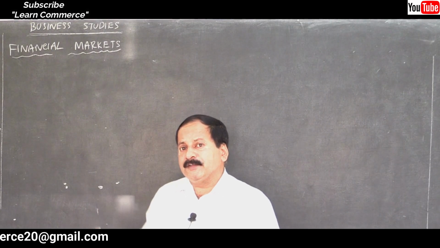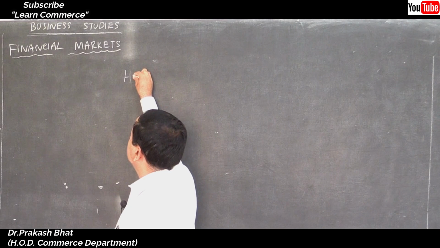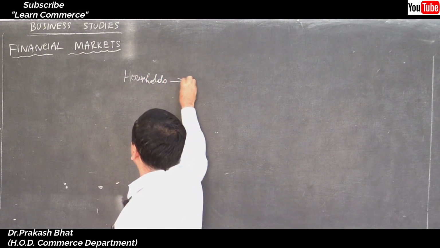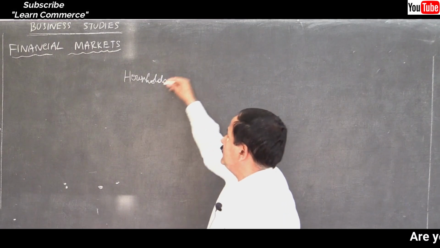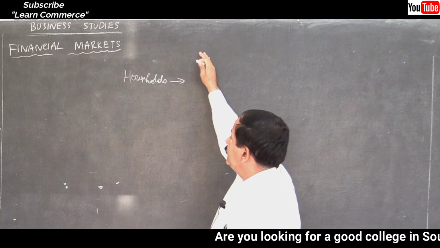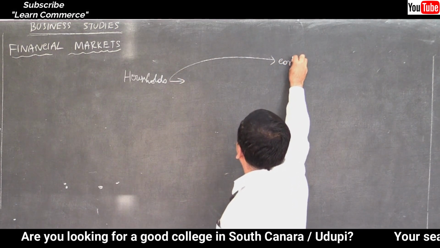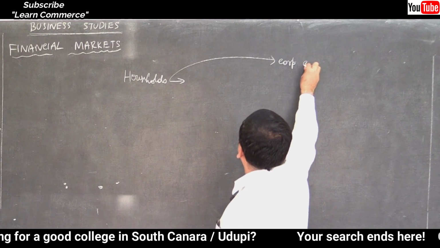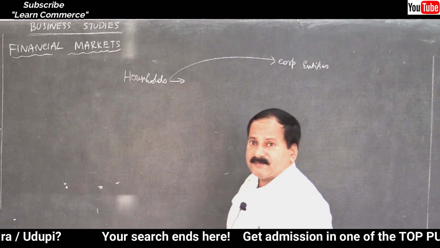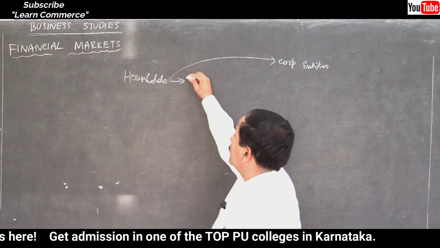What will households do? They have two options. One is either in banks or other financial institutions or straight away in corporate entities, isn't it? Corporate entities means what? Companies, isn't it? Firms, companies, all this comes under corporate entities.